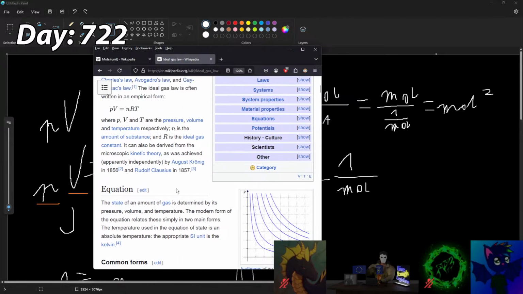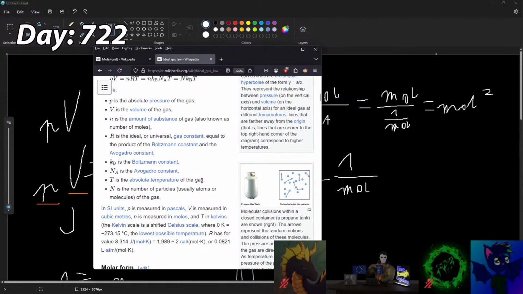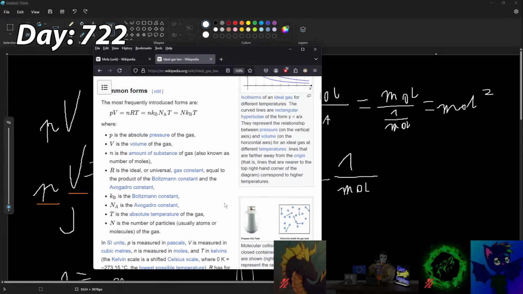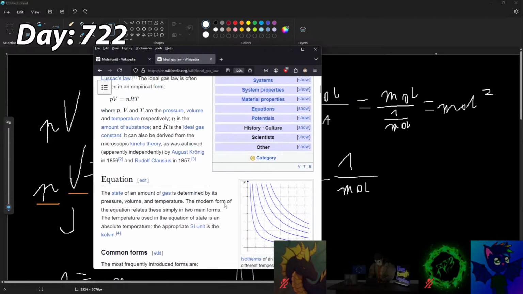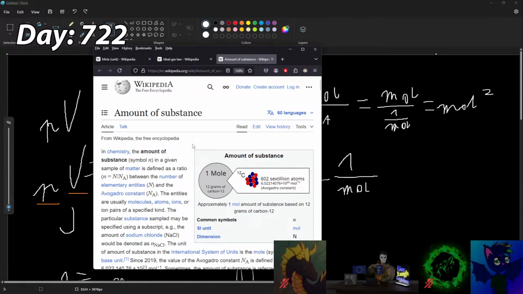So lowercase n tells you how many molecules you have. Uppercase N tells you how many molecules you have. But uppercase is not a mole, because it wouldn't work if it was a mole. It's the dumbest thing. It's driving me crazy.